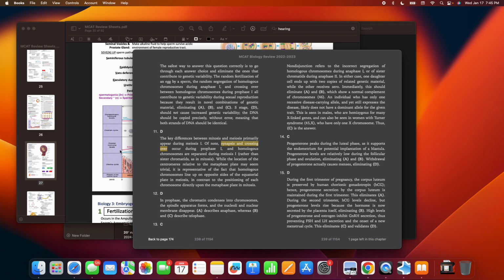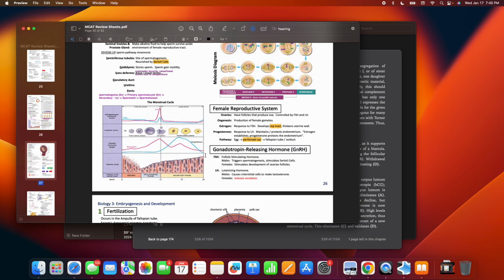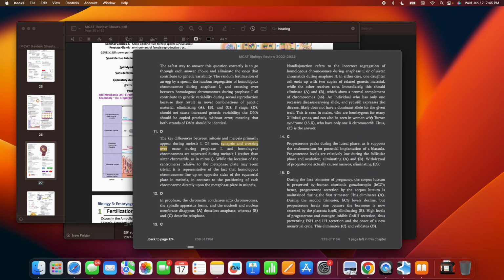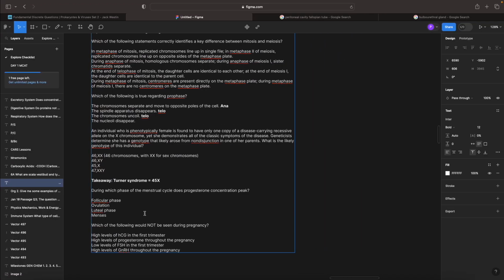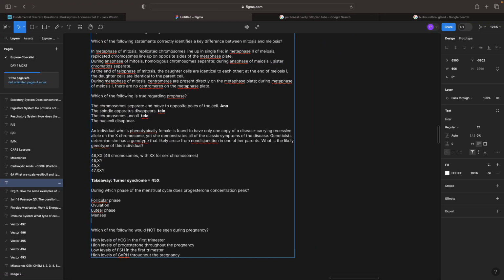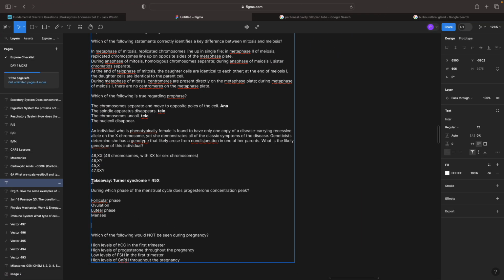So what causes menses is the withdrawal of progesterone.